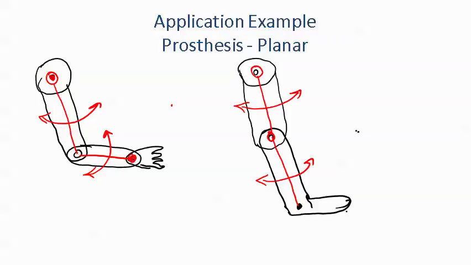And our task is to find out where these fixed points will be on a plane if the origin of the plane is, for the upper limb prosthesis, located at the shoulder, and for the lower limb prosthesis is located at the hip.